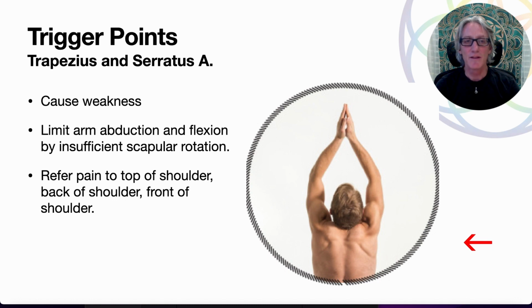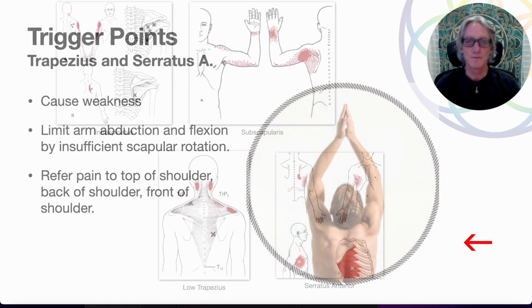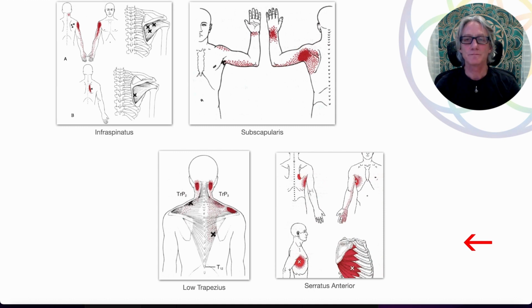The other thing that happens, as I showed in those previous pain referral charts, is that the scapular stabilizers, the serratus anterior and the trapezius, are capable of referring pain to all different places of the shoulder: top of the shoulder, front of the shoulder, back of the shoulder. So here is how the referral works.